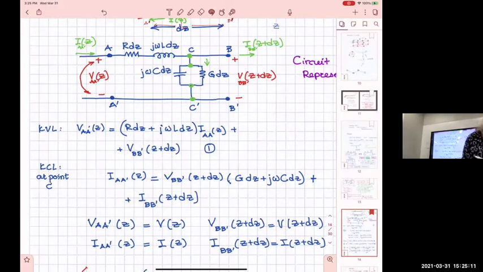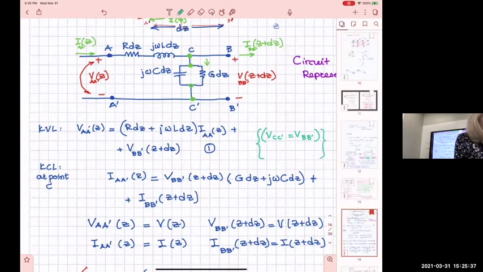Okay, so we're here in parentheses, just a circuit. Now, that is the voltage Kirchhoff law.